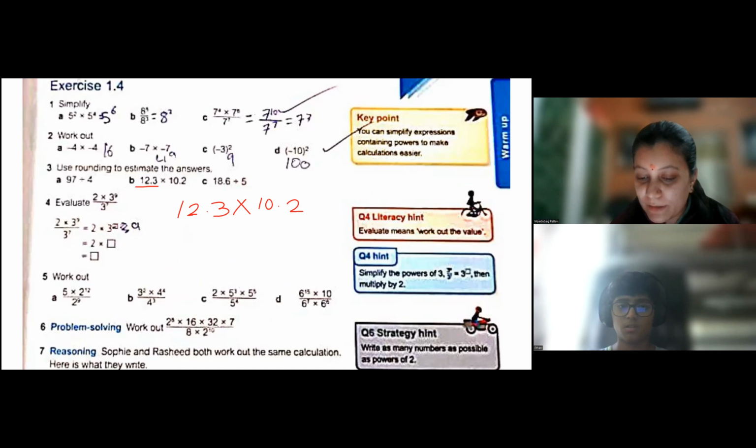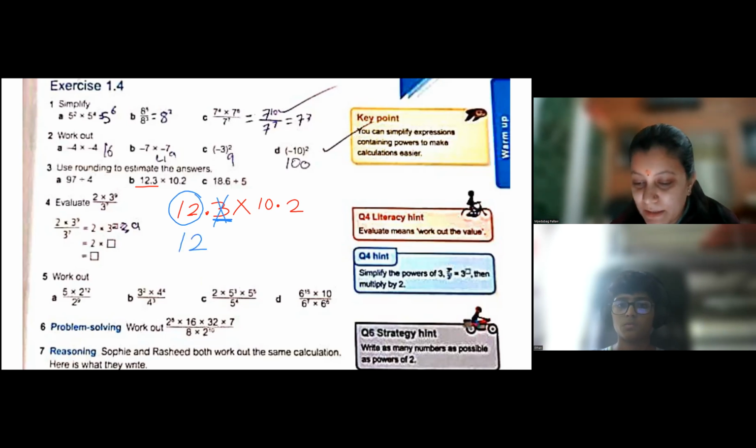So 12.3. For the decimal numbers, we'll remove the decimals. And how will we remove it? See, if we have a decimal value and after the decimal we have a digit which is 5 or less than 5, if this digit is lesser than 5, then we can neglect this decimal value and we'll just take 12.